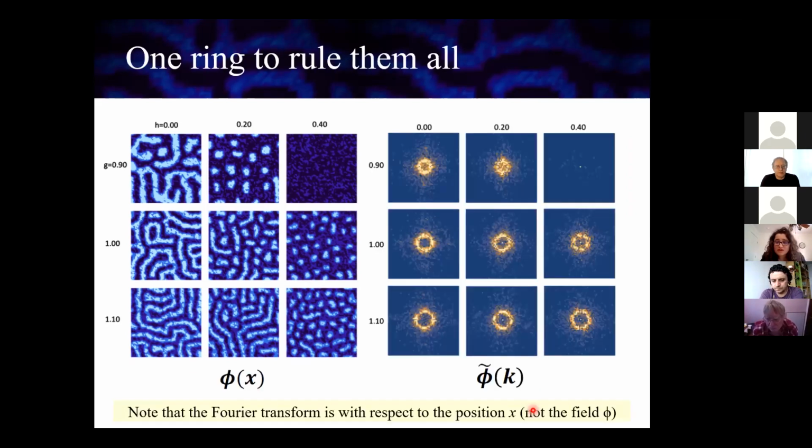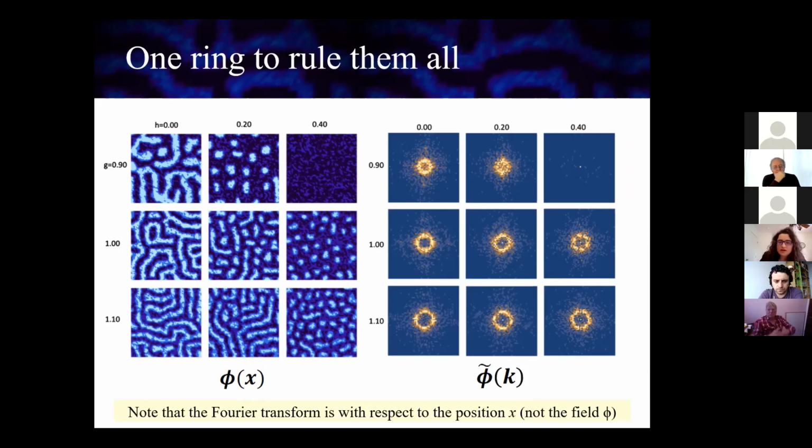Now, the interesting thing that gives us a hint of where these patterns come from is if we take the Fourier transform of the configuration. I'm doing this in the position space variable x for the patterns, and Fourier transforming them over. The ring, as we notice, only corresponds to the pattern phases. In the one in the top right corner, there's no ring.